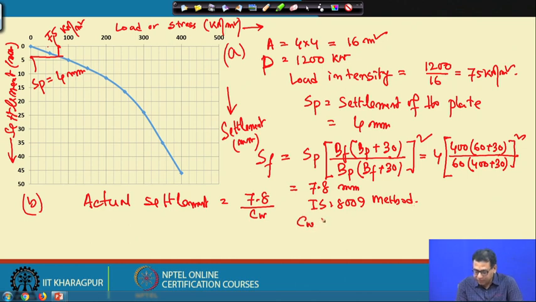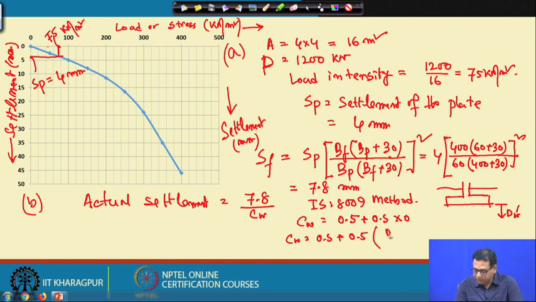then my CW value will be 0.5 plus 0.5 into dW dash divided by B, as per this IS code method. Here dW dash is measured from the base. Here your B value is 4 meter, but dW dash is measured from the base and the water table is at the base.